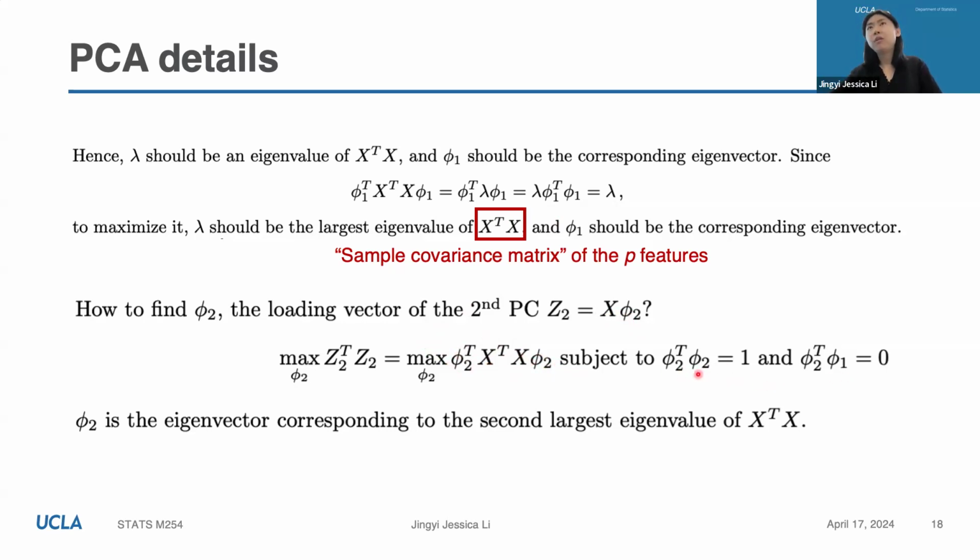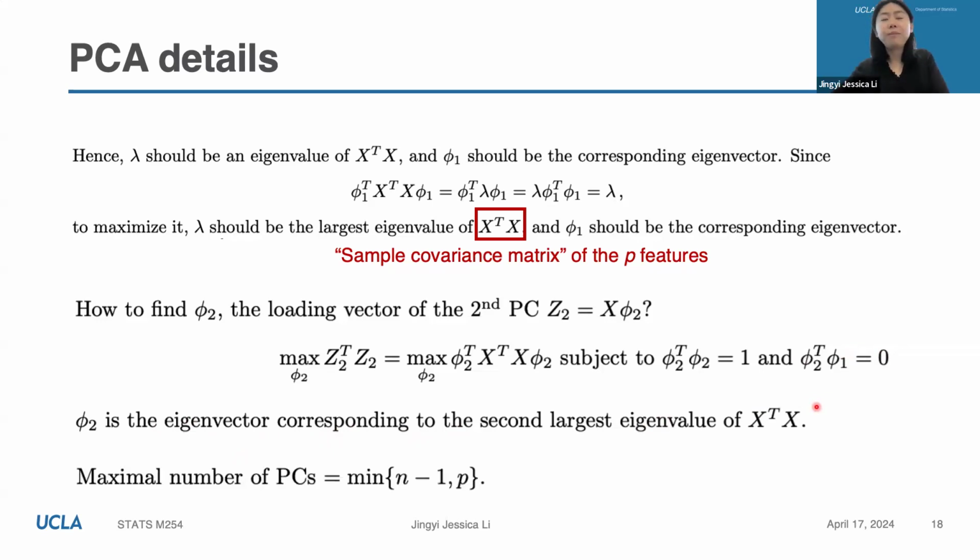Besides requiring that the second loading vector has unit length, we also need it to be orthogonal to the first loading vector, so phi2 transpose times phi1 is equal to 0. Then we can show that phi2 is the eigenvector corresponding to the second largest eigenvalue of this matrix. Basically, the eigenvectors for different eigenvalues are orthogonal, which is a nice property of eigen decomposition.